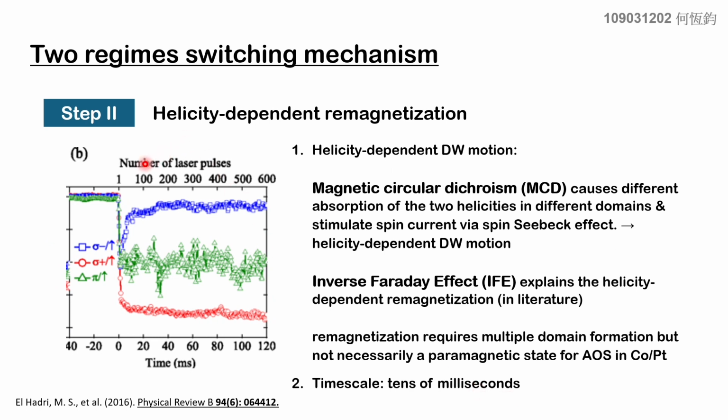After the helicity-independent demagnetization, we have the helicity-dependent remagnetization. The domain wall motion in this remagnetization process can be explained by two effects. One is magnetic circular dichroism, which causes different absorption of the two helicities in different domains and stimulates spin current via the spin Seebeck effect.